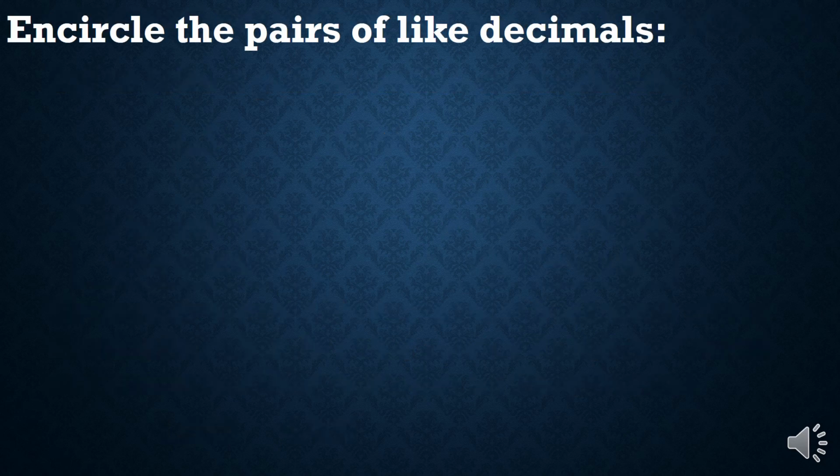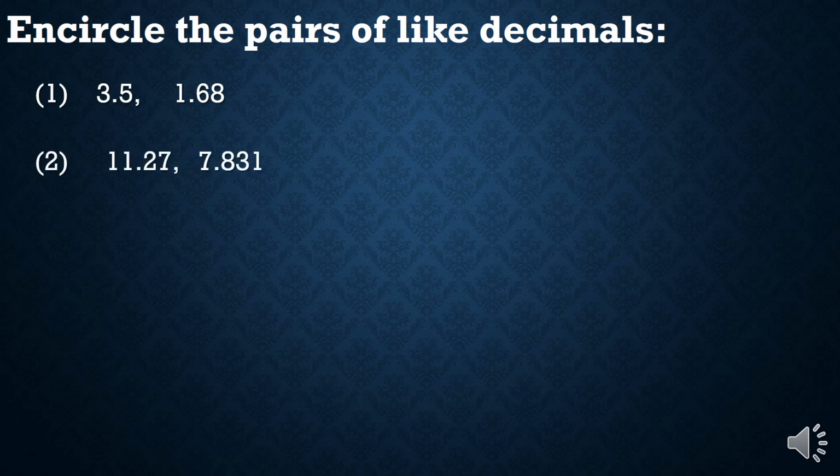Let us solve some examples. Encircle the pairs of like decimals. Question number 1. 3.5 and 1.68. See, in 3.5 after decimal 1 digit and in 1.68 after decimal 2 digits. So what do you observe? Yes, it is a pair of unlike decimals. So leave them. Question number 2. 11.27 and 7.831.